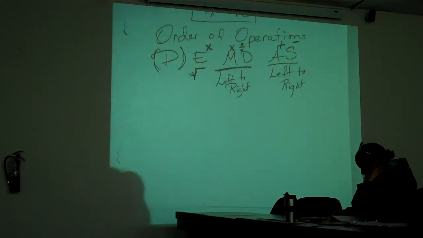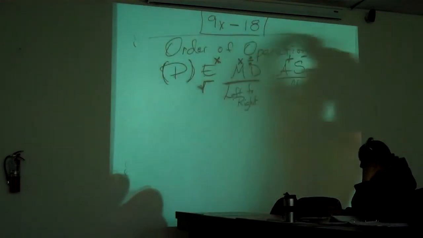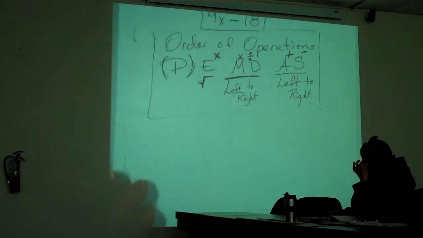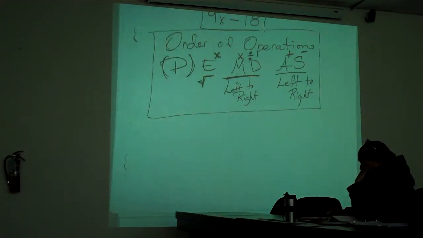Okay? This is probably one of the most miscalculated things in math. A lot of people mess up on the problems that have order of operations. So if you want to practice even more than the problems I gave you, you'll just be doing yourself a favor.